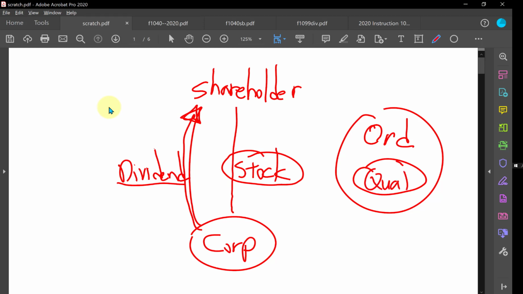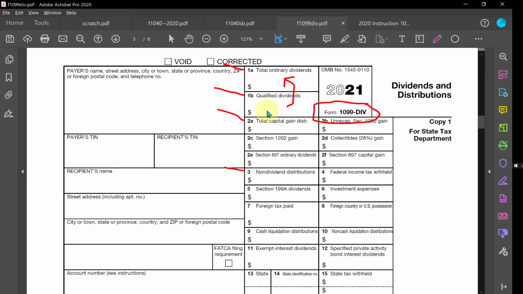In other words, all qualifying dividends are also ordinary dividends. Not all ordinary is qualifying, yeah? But all qualifying is ordinary. Or in other words, the number here has to be equal to or less than the number over here. All qualifying is ordinary also at the same time.